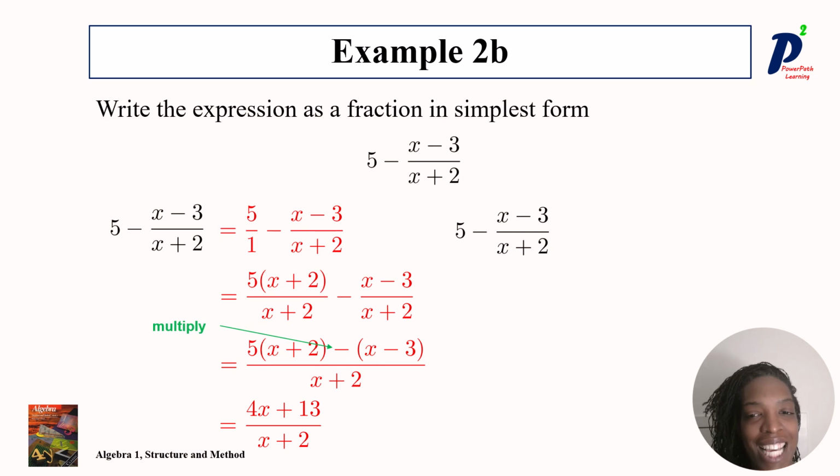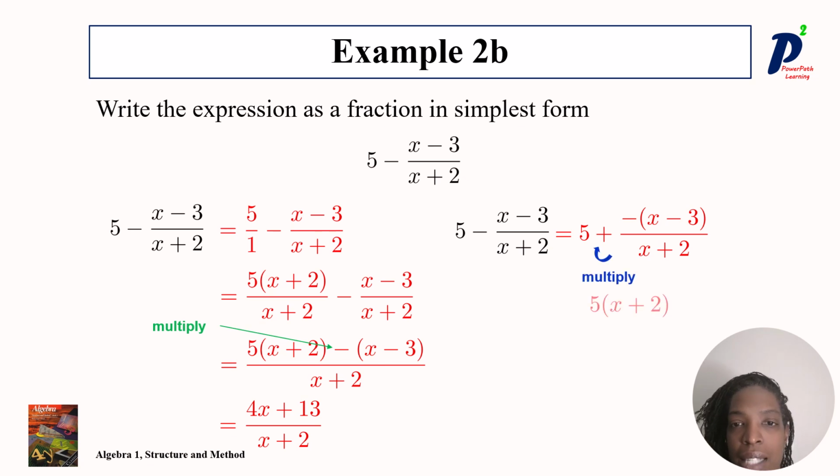Okay, next method. I have to make a small change. Because this is 5 minus, I'm going to switch my sign. I'm going to put the minus sign above in x minus 3, and I'm going to add the 2. You can do this in the numerator or the denominator, but not both. Just remember the negative sign moves either to the numerator or to the denominator, not to both.